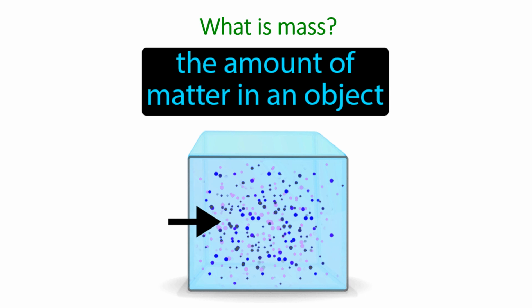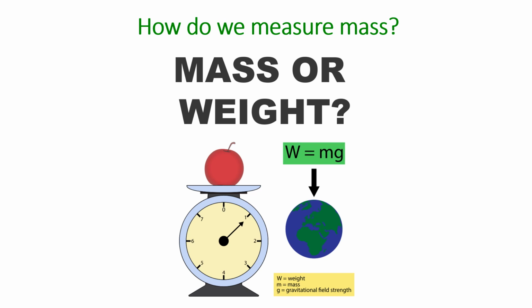So in terms of our formula, our numerator is mass. What is mass? The mass is the amount of matter that we can pack into an object. These are the particles, the atoms, etc. Students traditionally get mass and weight confused.